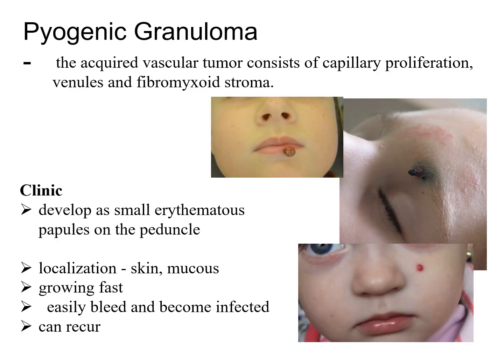Another type of small vascular tumor disease is pyogenic granuloma. These are acquired vascular tumors consisting of capillary proliferation after some trauma. In the clinic, we can see the development of small erythematous papules on a peduncle. They are mostly located on the skin and mucosa, in areas which are often traumatized.